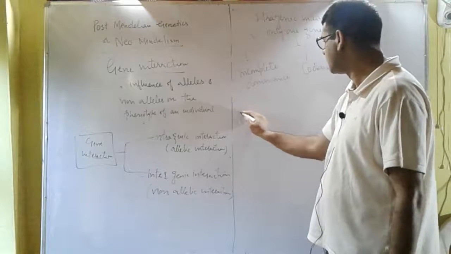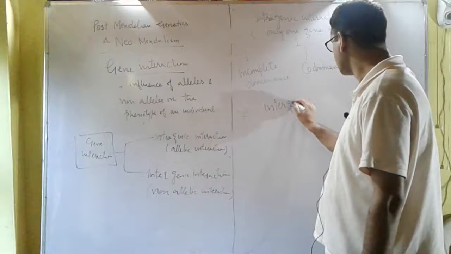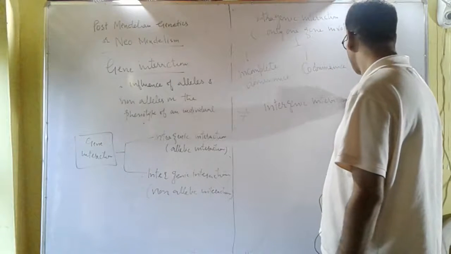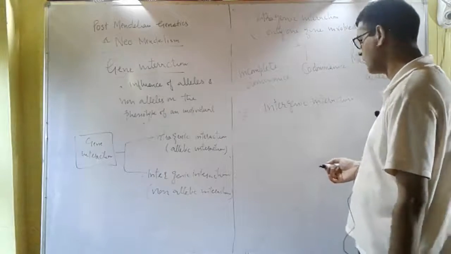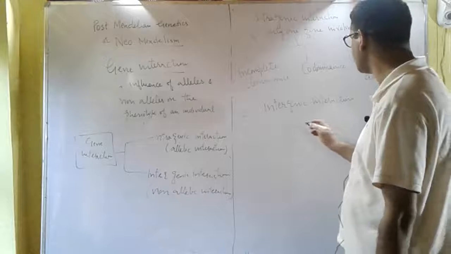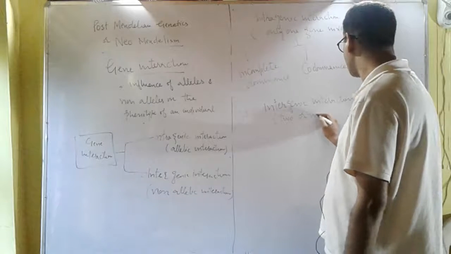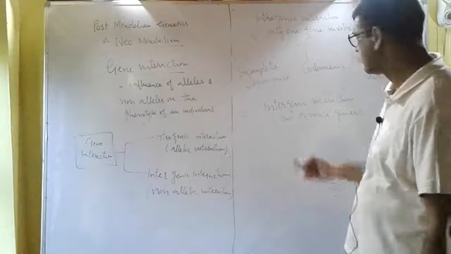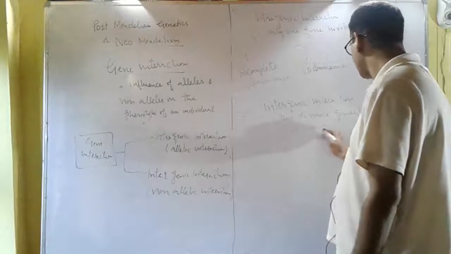Then we have the second one, intergenic interaction. This involves two or more genes. This is what is called non-allelic interaction.